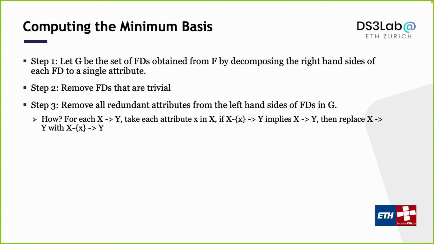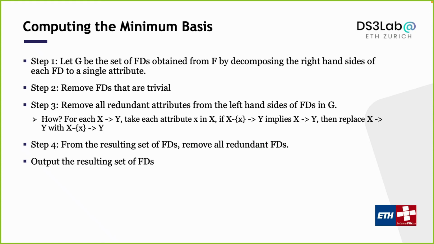You will remove it and replace your functional dependency with a simpler one. Okay? And then the last step is, now you have this set of functional dependencies, you remove all the ones that are the same as each other. You remove all the redundant ones. And then that gives you the minimal basis. So this is actually very simple.